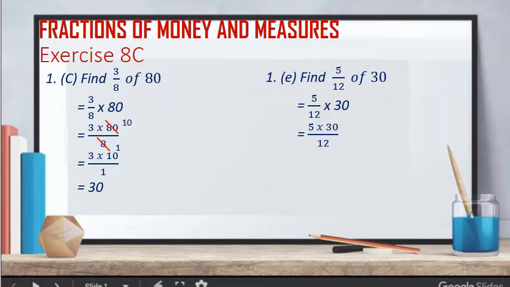That is, we can divide 30 by 6 as well as 12 by 6. So 30 divided by 6 gives 5 and 12 divided by 6 gives 2. So now we have 5 multiplied by 5 upon 2, which is equal to 25 upon 2. And since it is an improper fraction, we need to change it into mixed fraction, which is equal to 12 1 by 2. And this is our final answer.